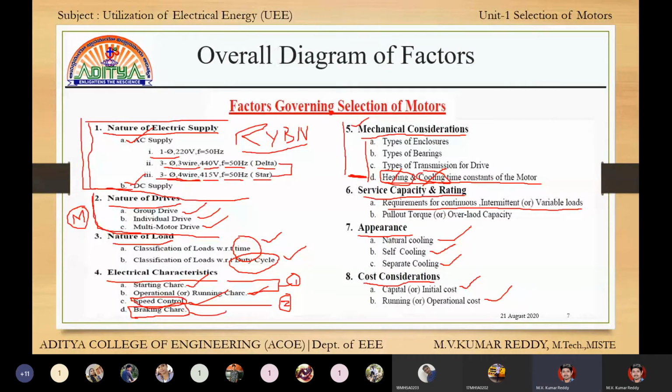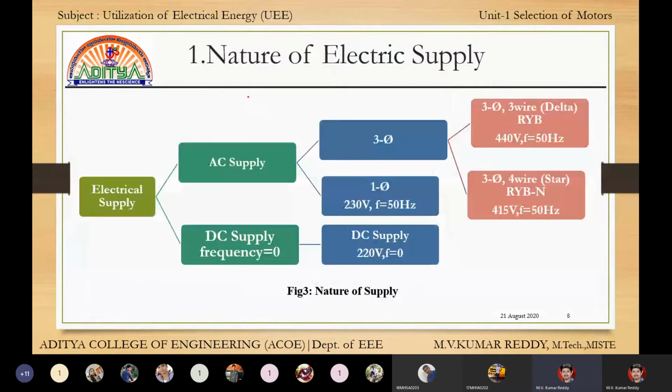Now, what is the first topic? The first topic is the nature of electrical supply. Already we discussed. Electrical supply is of two types. First one is AC supply and second one is DC supply. In DC there is no frequency. This is one of the important points.